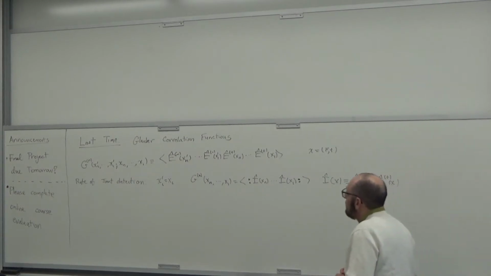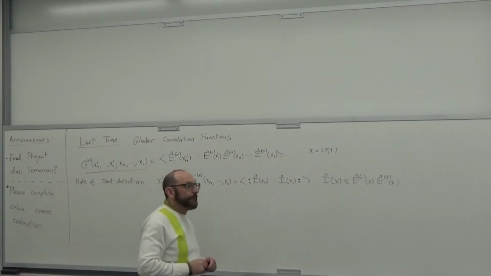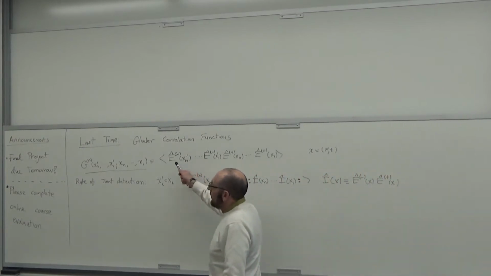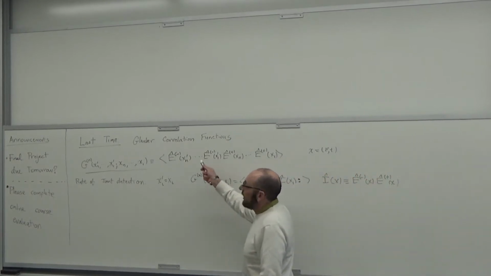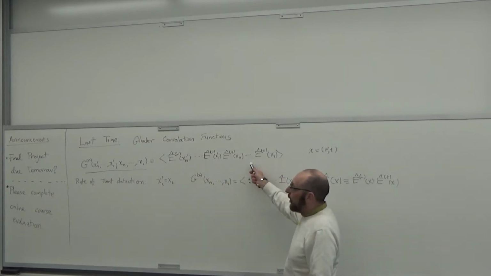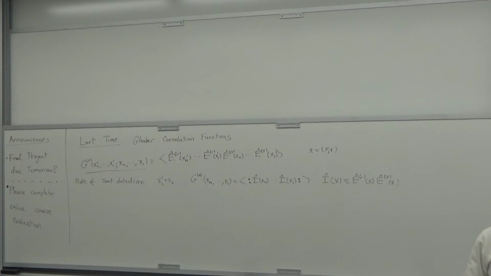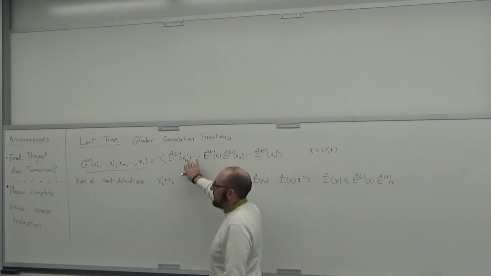And the central object that appears is what Glauber defined here as the expected values of the quantum electric field operators in terms of the positive and negative frequency components. You remember the positive frequency components are the part associated with the annihilation operators, and the negative frequency components involve the creation of photons. So this is a kind of cross-correlation function.